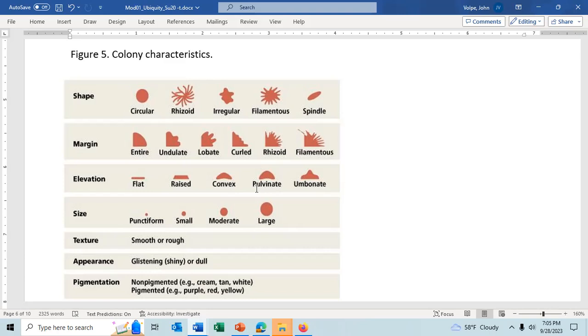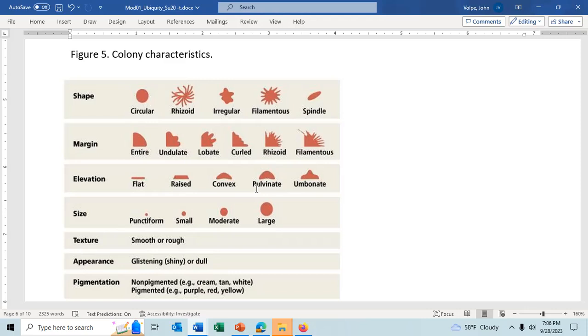For the size of the colony, you can have punctiform, you can have small, moderate, and large. Anything that's a large colony is larger than the eraser on a pencil. Anything that's moderate in size in a colony is between the pencil eraser and the pencil point.